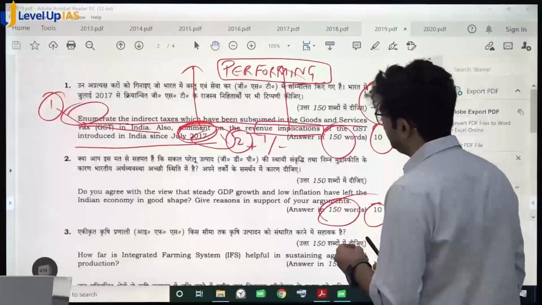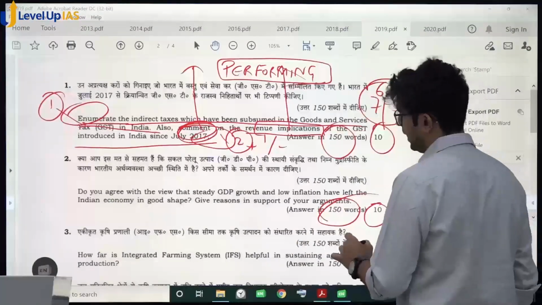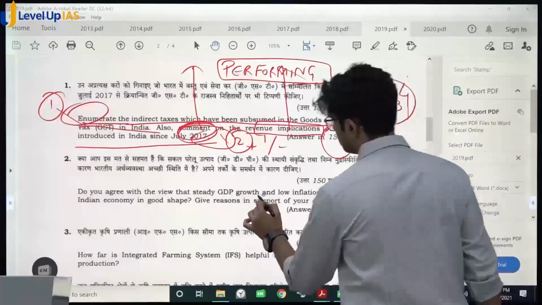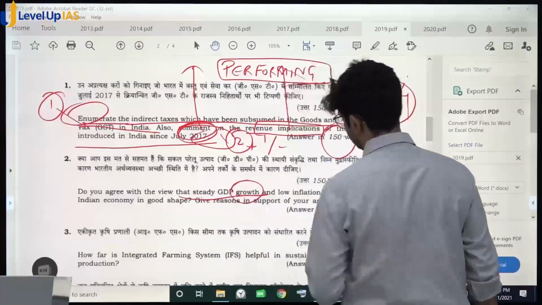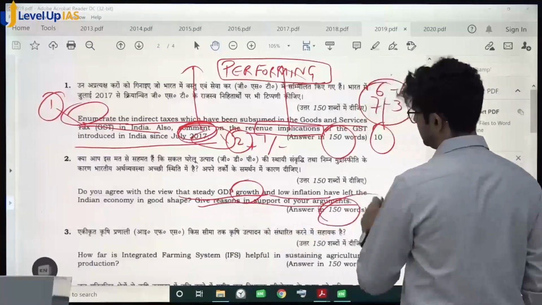Do you agree with the view that steady GDP growth and low inflation have left the Indian economy in good shape? Give reasons.